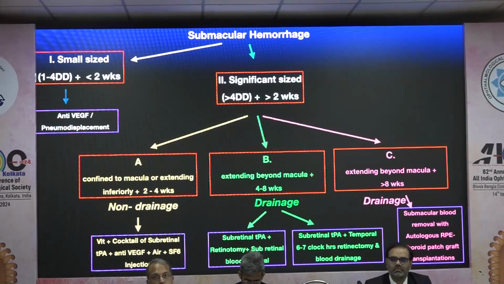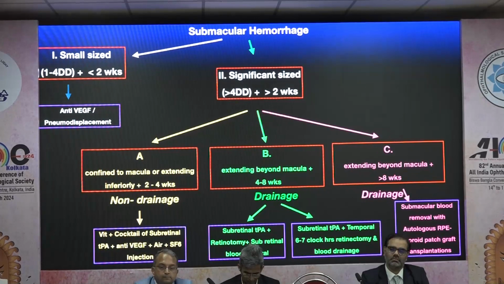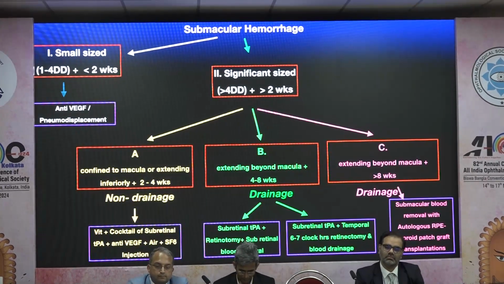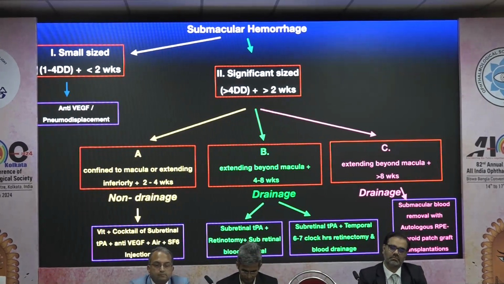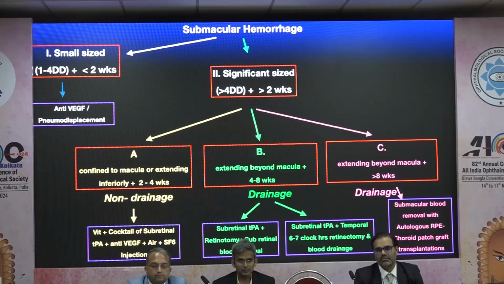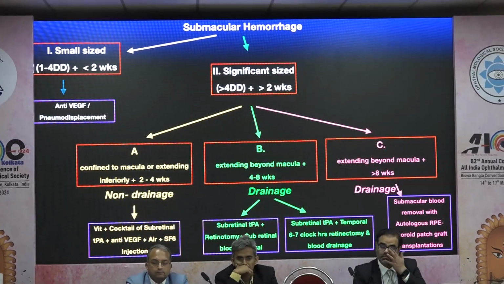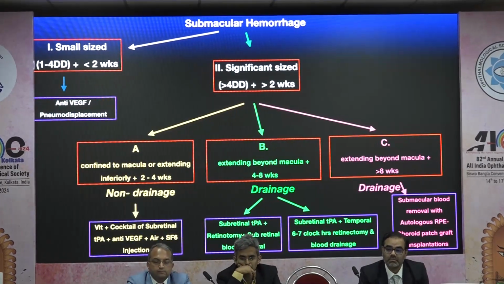So this is my algorithm. I have been managing this submacular hematoma for more than 12 years, and I landed up in a lot of problems, but I summarized it in an algorithm form. Less than 4 millimeter in size, less than 2 weeks duration, only anti-VEGF and pneumatic displacement will be enough.